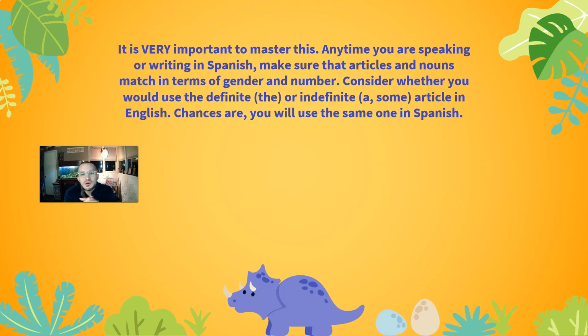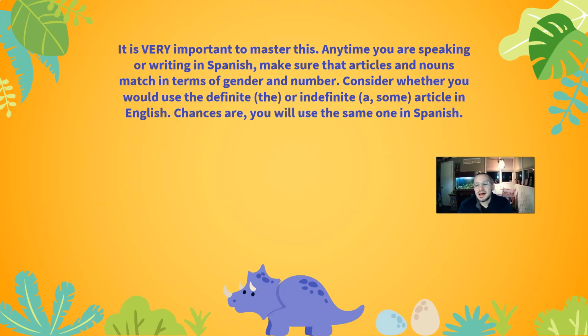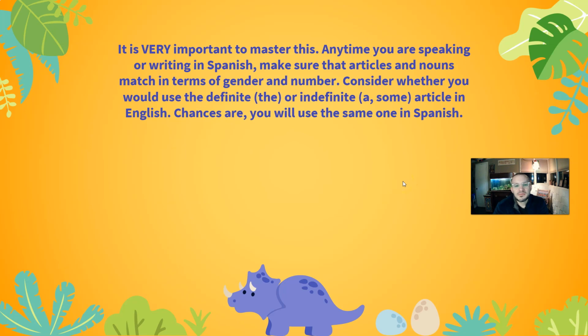Okay, consider whether or not you would use the or a or the or some in English, and it's very likely that you'll use the same one in Spanish. Maybe 100% of the time. Whatever you're trying to say in English, choose the same definite or indefinite article, in terms of the two categories. Bien.